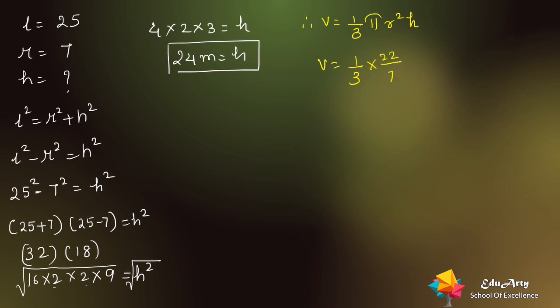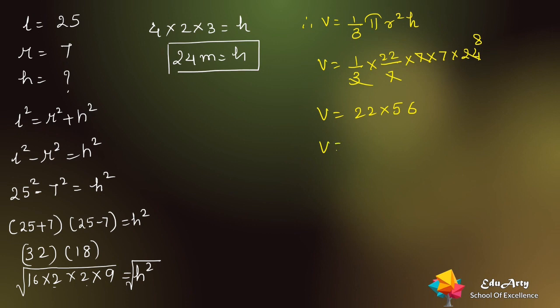And don't change the value of pi in between, don't do half formula here and half formula there, keep one consistent value of pi. 22 by 7 into 7 into 7 into height is 24. Very easy calculation. 7 of the 7th is 8. So your volume is equal to 22 into 56.